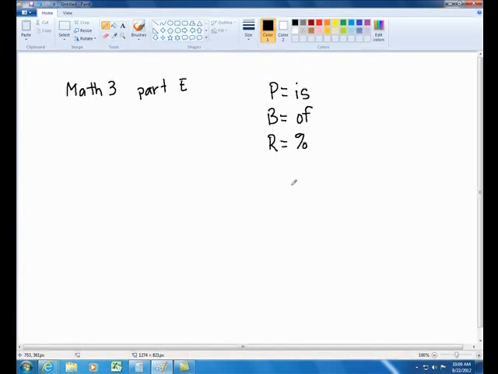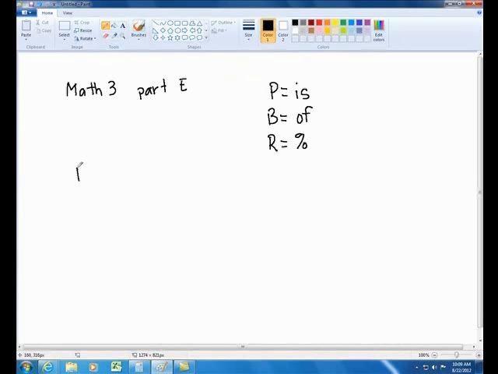Okay? Another thing that I'm going to teach you is a way to use just one formula, because they give you 3 different formulas depending on whether you're solving for part or base or rate, and it's all the same formula.